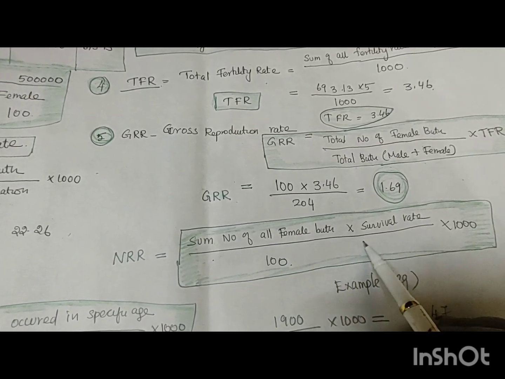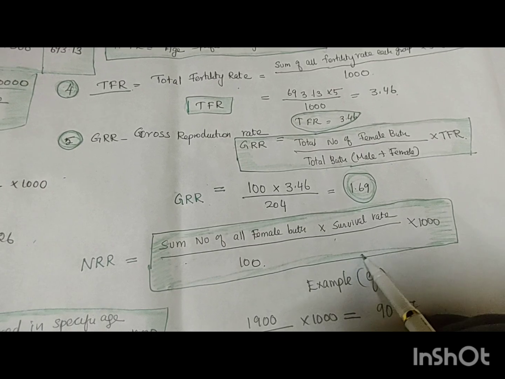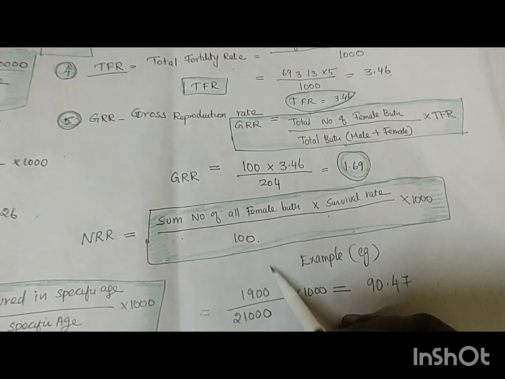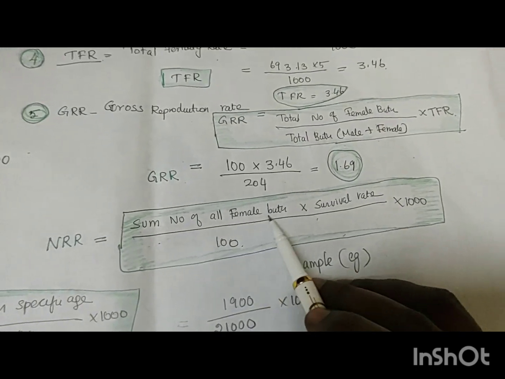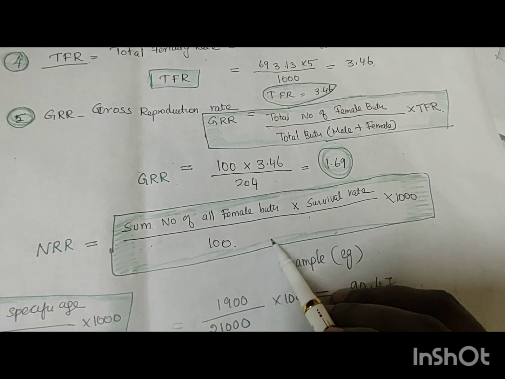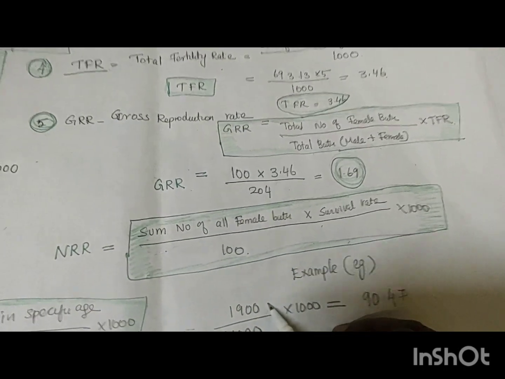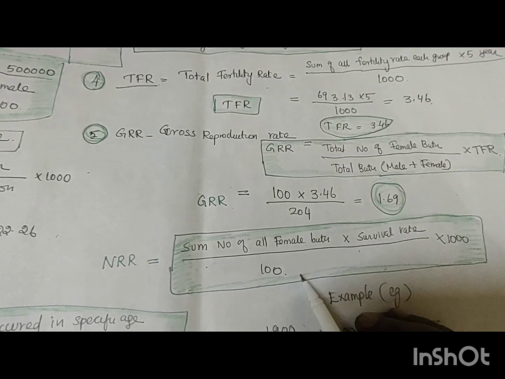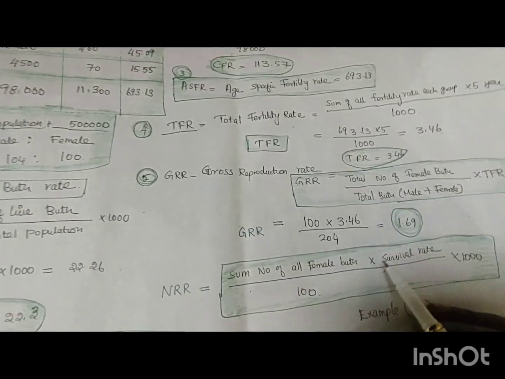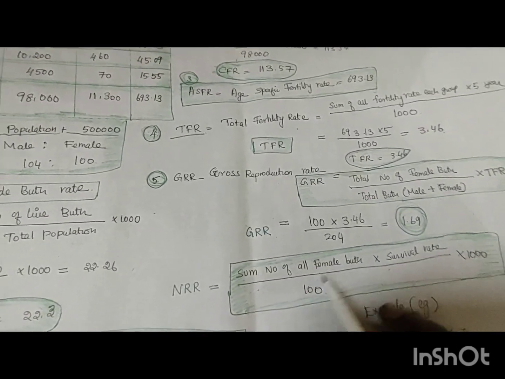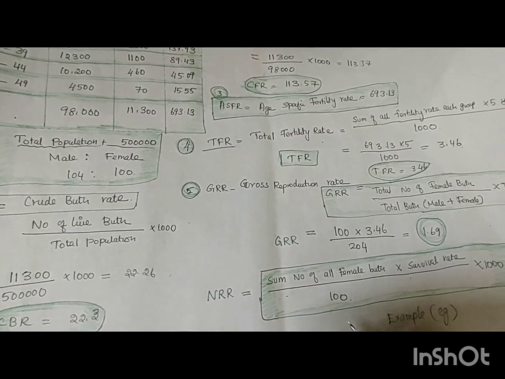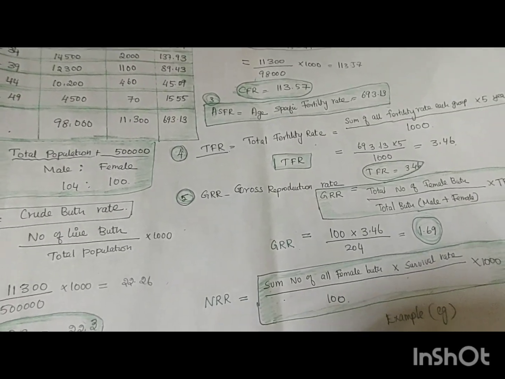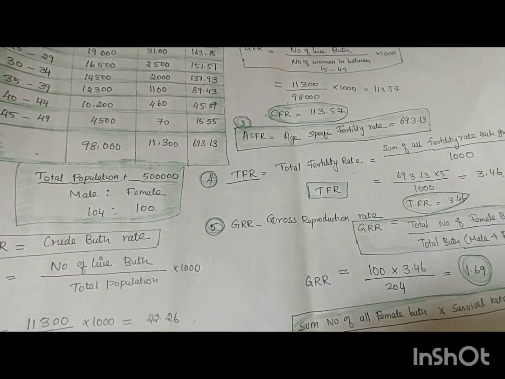That is why the formula states the sum of all female births into survival rate divided by 100 into 1000. So this net reproduction rate will be helpful. It is predicting the future population. It is a very important criterion. Currently the Indian government is striving to bring the net reproduction rate to less than 1.